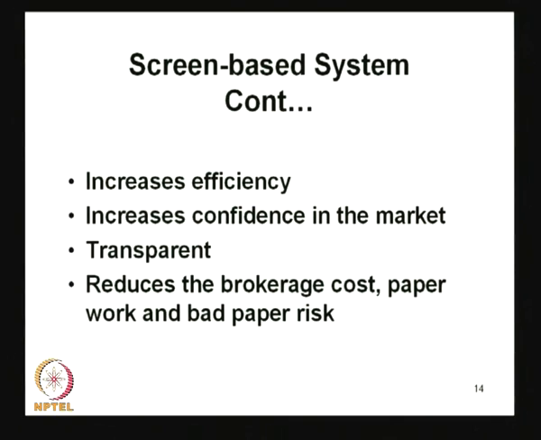There is a probability of losing the paper, there is a probability of destruction of the paper. So, we can avoid those things once the computer based system is working. And if you see the data, the huge transaction costs have gone down like anything over the periods in the context of India, once the screen based system started in the Indian stock market.